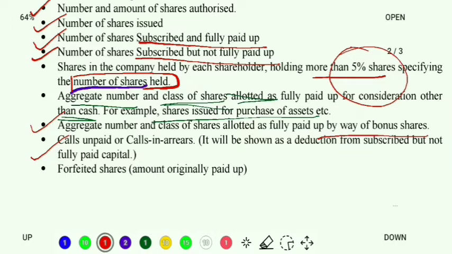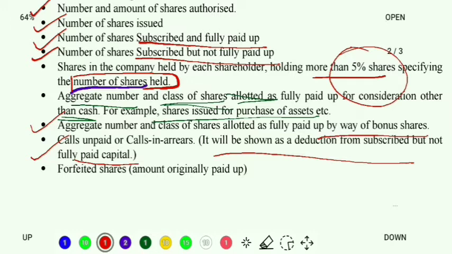And you see, I have given one more line in brackets, showing exactly where in share capital it can be shown: it will be shown as a deduction from subscribed but not fully paid up capital. Clear? Where will the calls in arrear or calls unpaid be shown? It will be shown under share capital, we know, but where exactly?